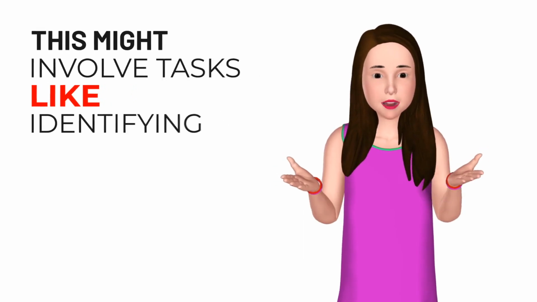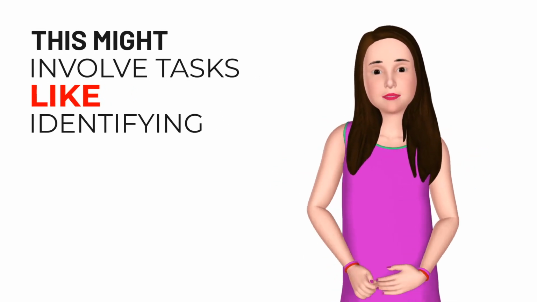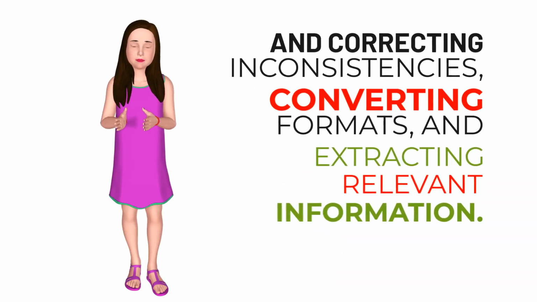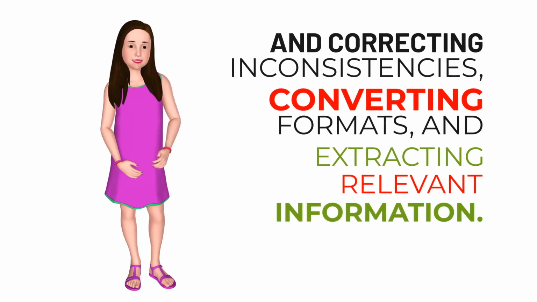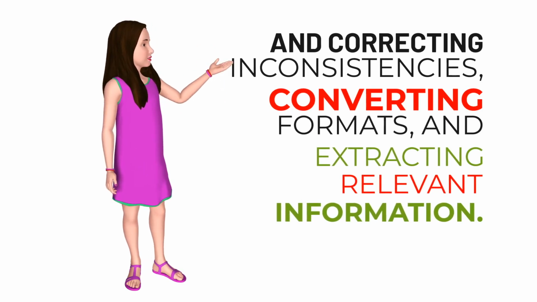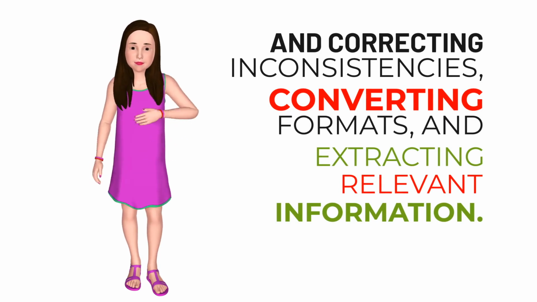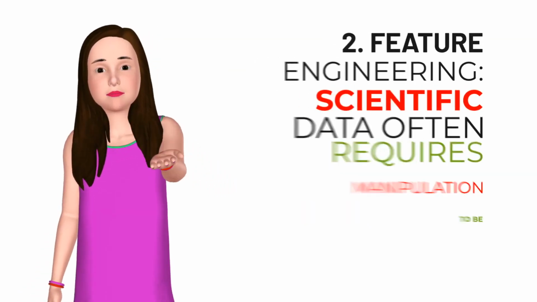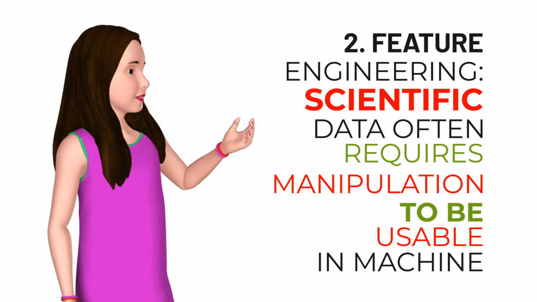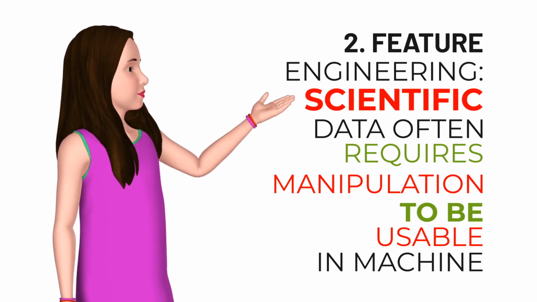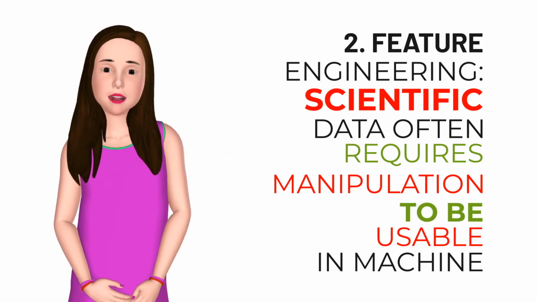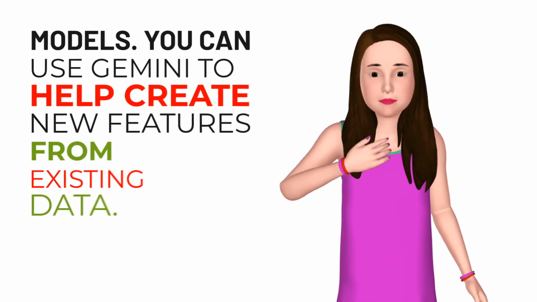This might involve tasks like identifying and correcting inconsistencies, converting formats, and extracting relevant information. 2. Feature engineering. Scientific data often requires manipulation to be usable in machine learning models.